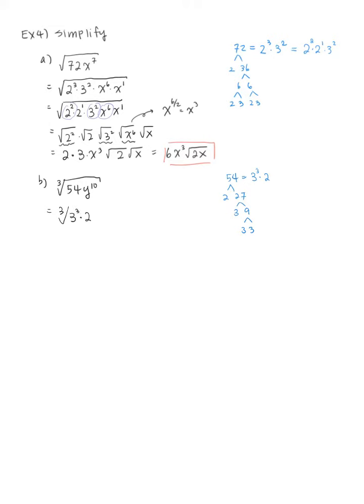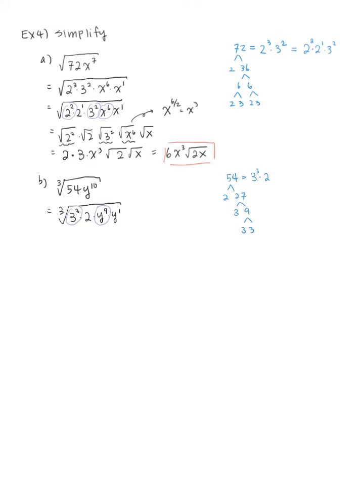Now let's deal with y to the 10. So what is the biggest number before 10 that's divisible by 3? That's 9. So I'm going to break this off at y to the 9 times y to the first. All right, now let me circle the perfect ones. Those are the guys who can get outside of the cube root. So what do we got?